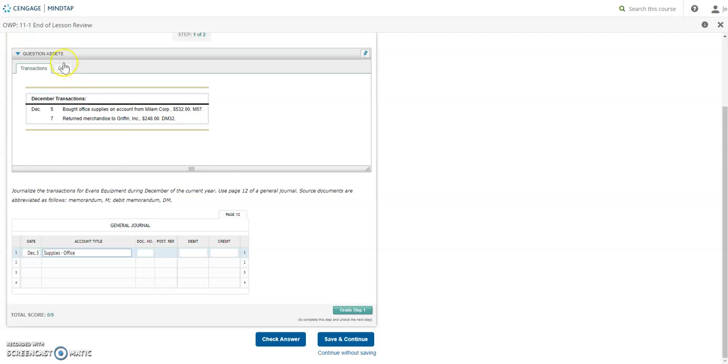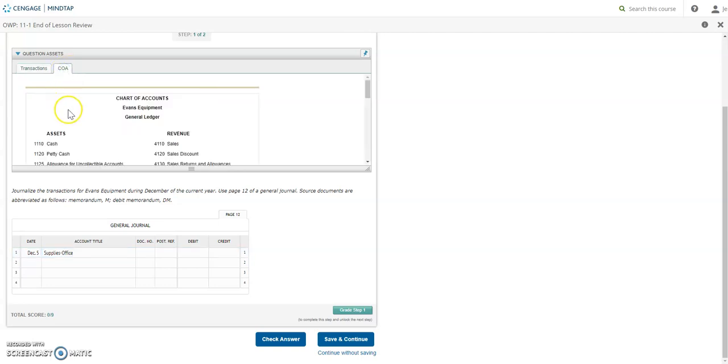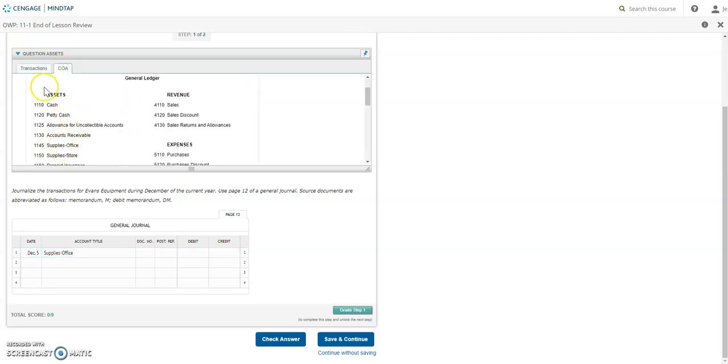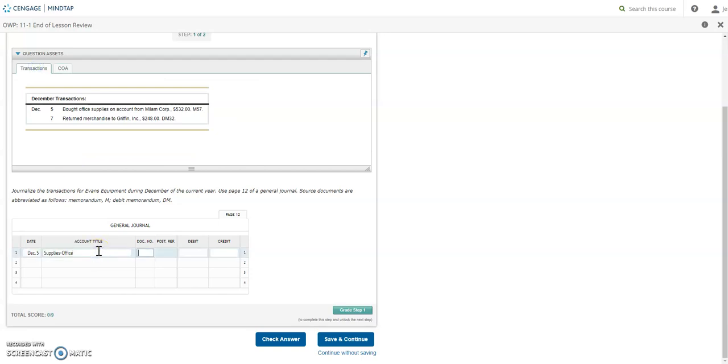If we aren't sure of our account name, we could look at our chart of accounts, and here it is, Supplies Office. My source document is M57, and I'm debiting for $532. I'm then going to credit Accounts Payable / Milam Corp for $532.